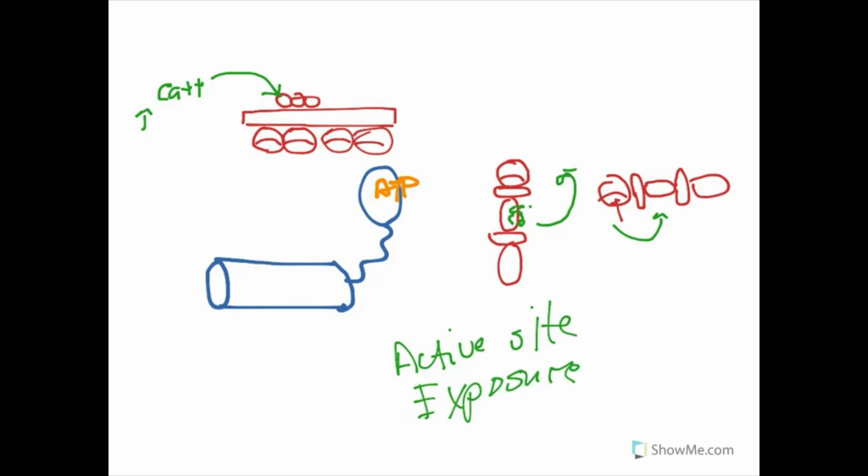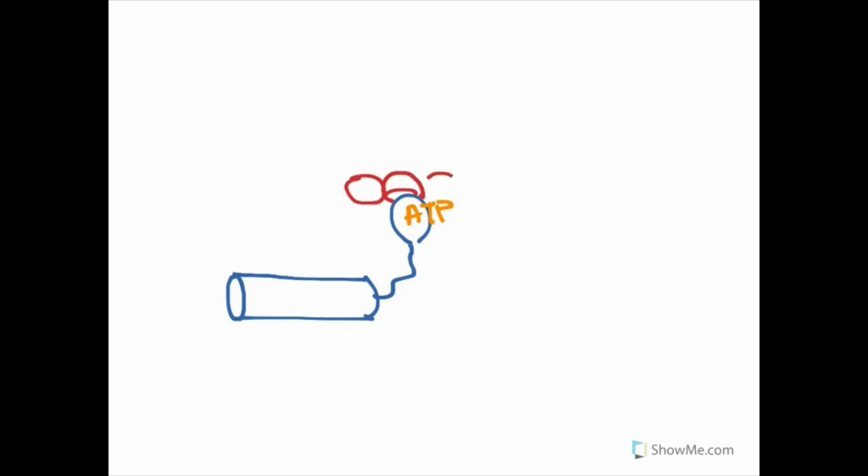Now that the active site is exposed, now that Mama Calcium has come out of the kitchen and has distracted Daddy, the very next thing that's going to happen is Myosin, who's full of that high stress nervous energy, is going to come in here and bind to the active sites.